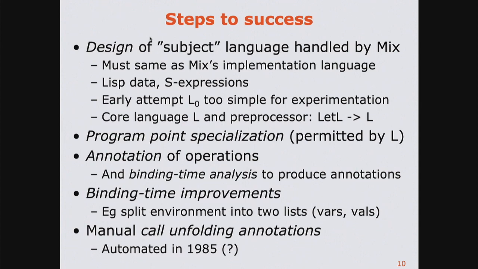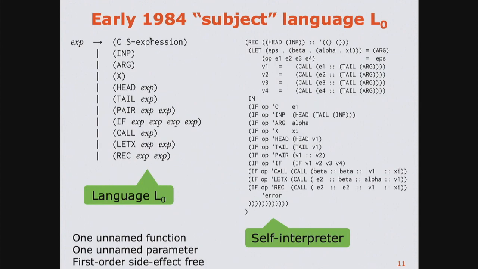And I'll show the early 84 subject language. In an attempt to make the language as simple as possible, it actually didn't. It had only one syntactic category, expressions, and a program had one unnamed function, which had one unnamed parameter, and recursive call was executing with this recursion expression.